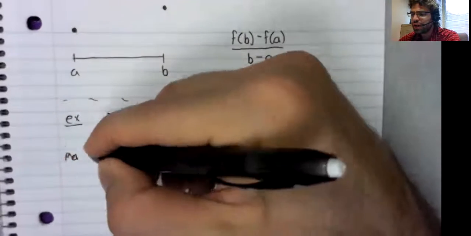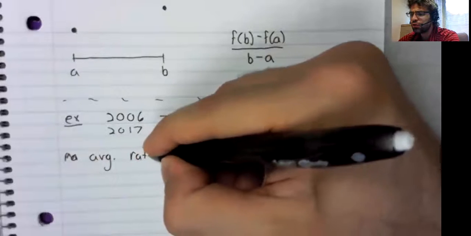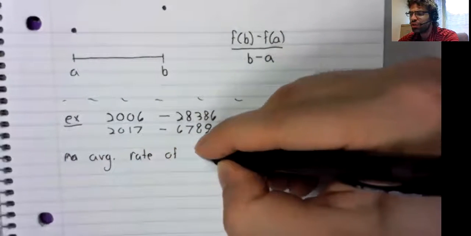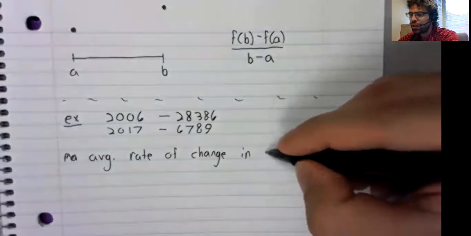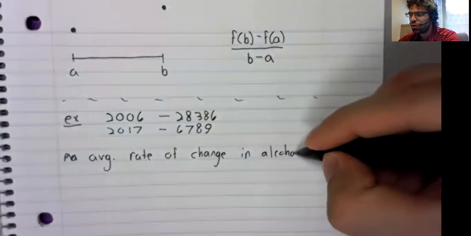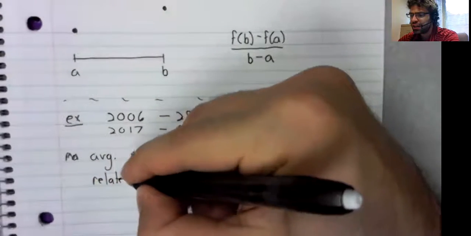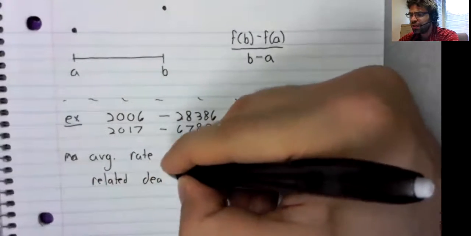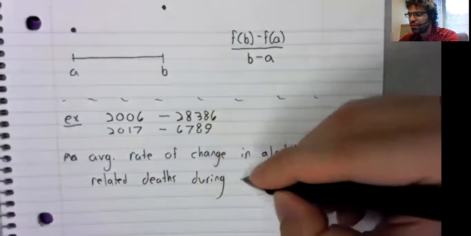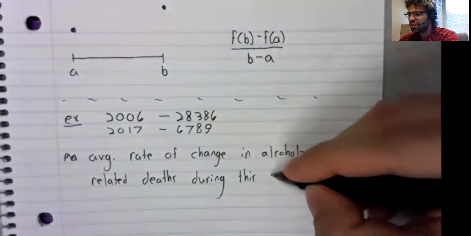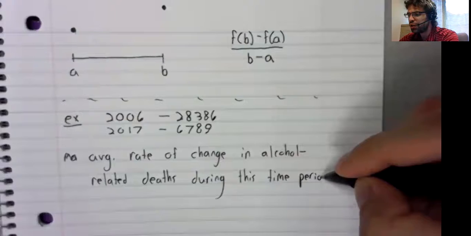And we can ask, what is the average rate of change in alcohol-related deaths during this time period?